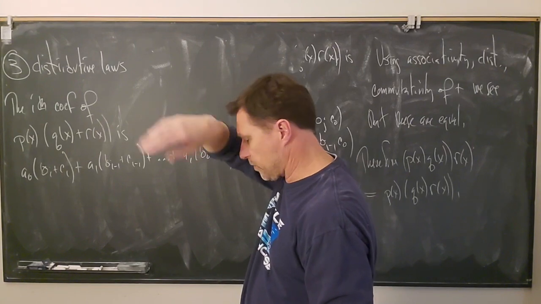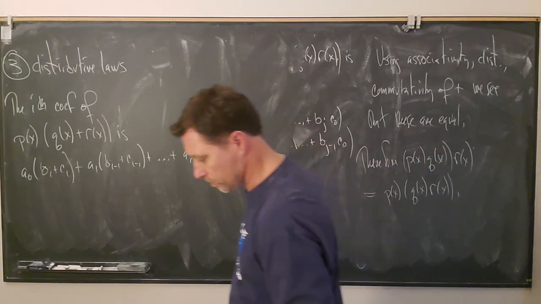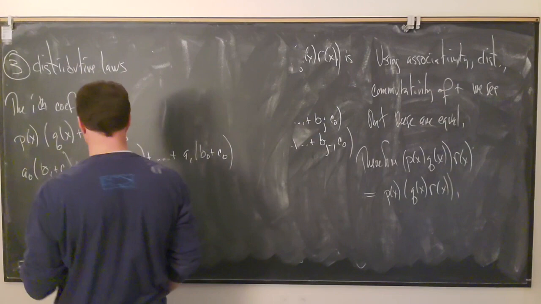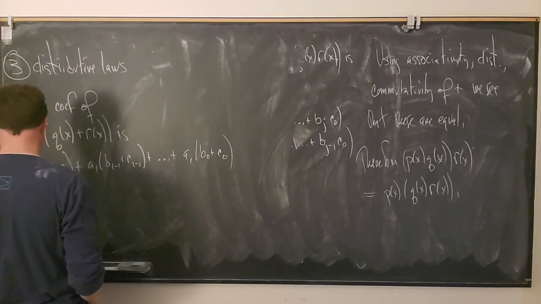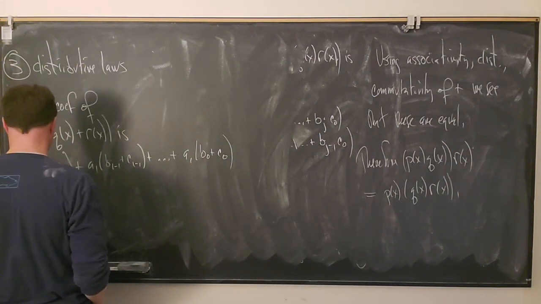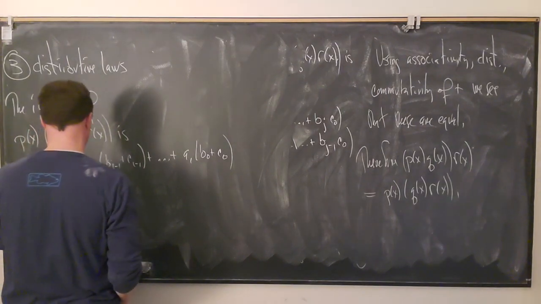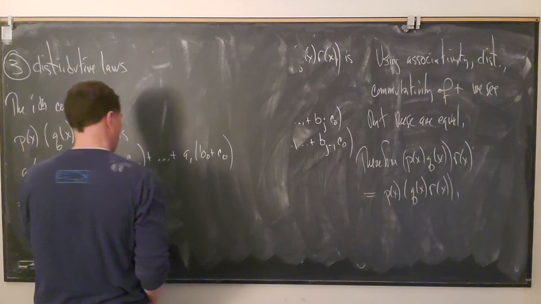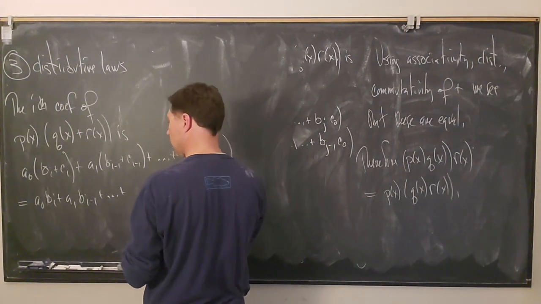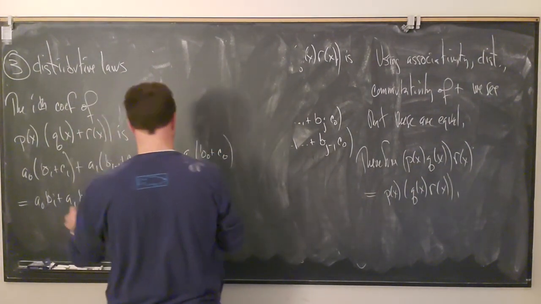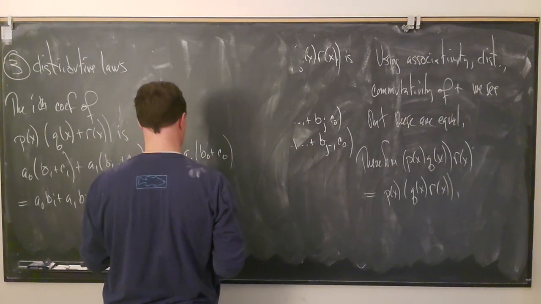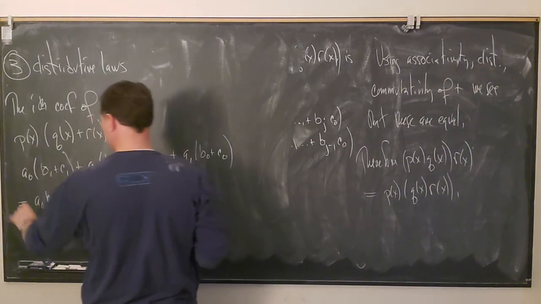And then if you multiply all this out, it's equal to A0 B_i plus A1 B_{i-1} plus dot dot dot plus, so I'm just doing the A's. Oh, that should be an A1 there, right? And then eventually you get to A_i B0.